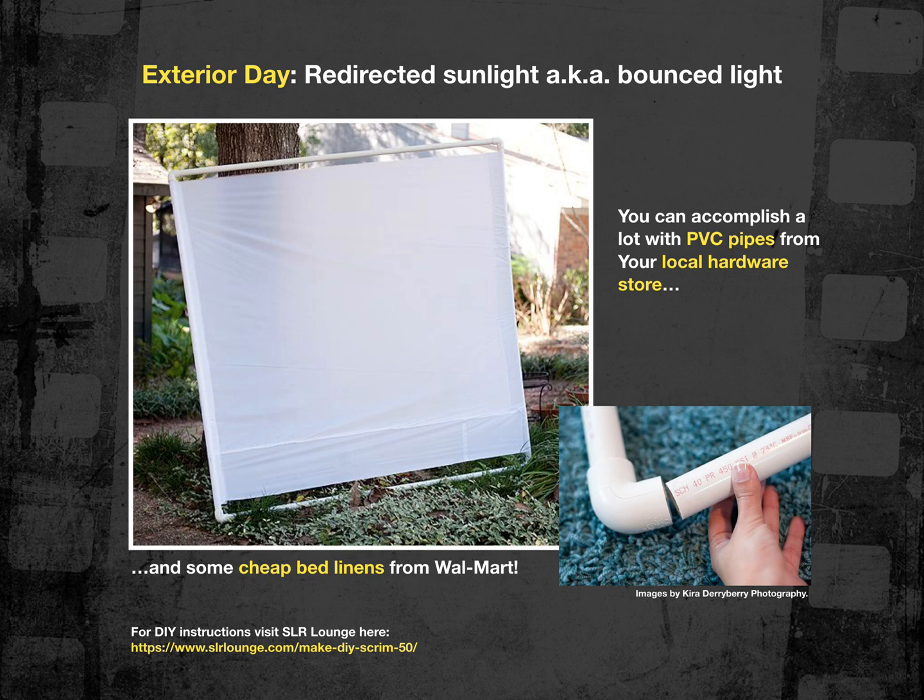You're going to use it as a diffuser outside. And oftentimes the bedding will have a hem on there that you can pass a PVC pipe through. And if not, it's certainly easy to ask somebody with a sewing machine to put some hems on the material for you, so that you can actually attach it to the PVC pipe.